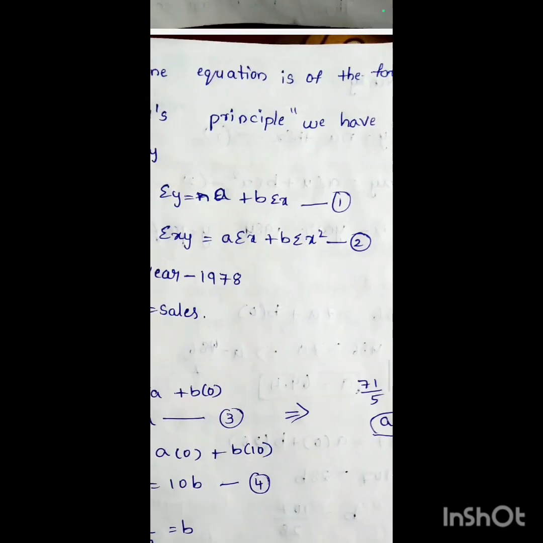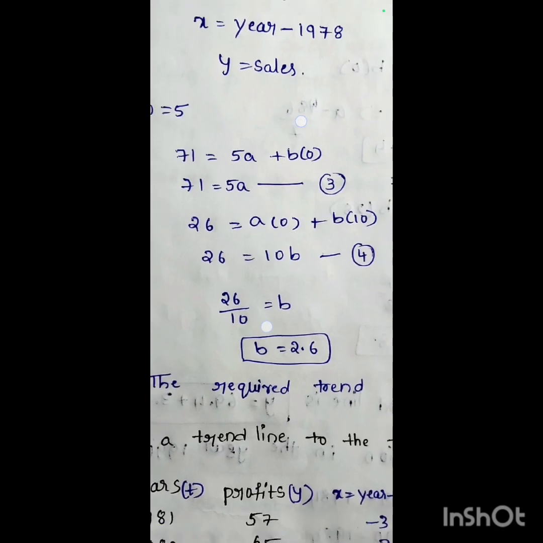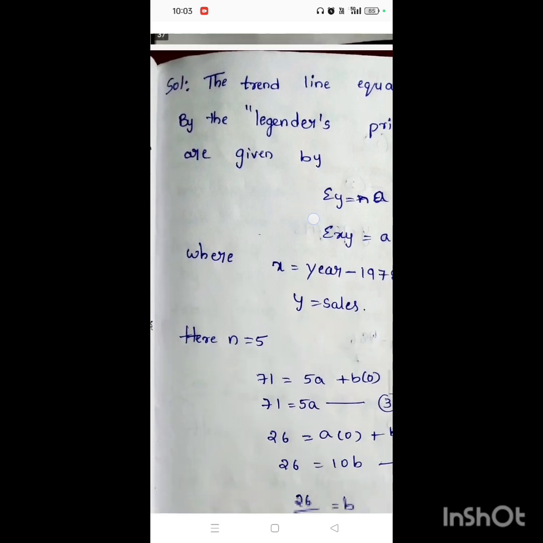So substituting the values in our equation 1 and 2, we get the values like this. First, n equals how many observations here? 5 observations. 1, 2, 3, 4, 5.